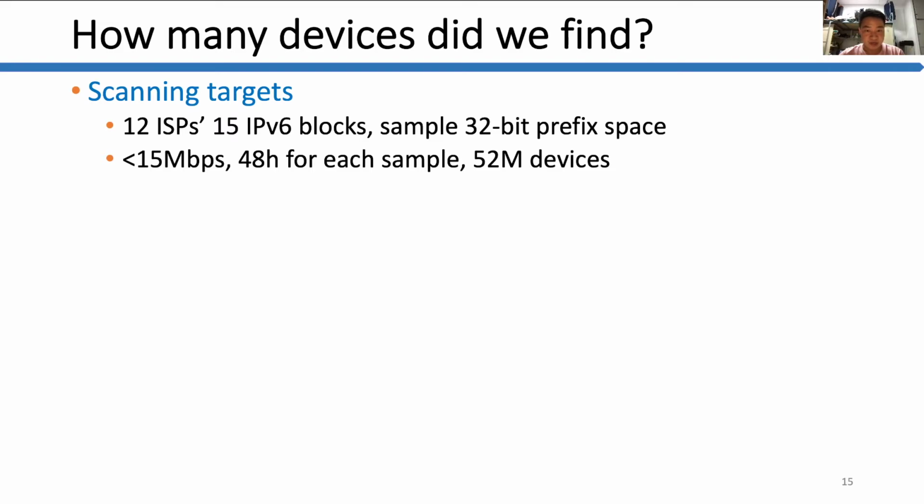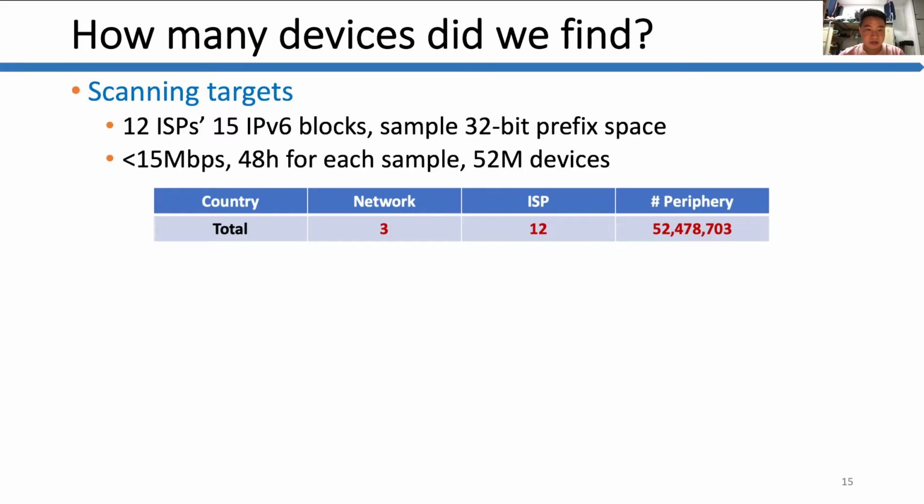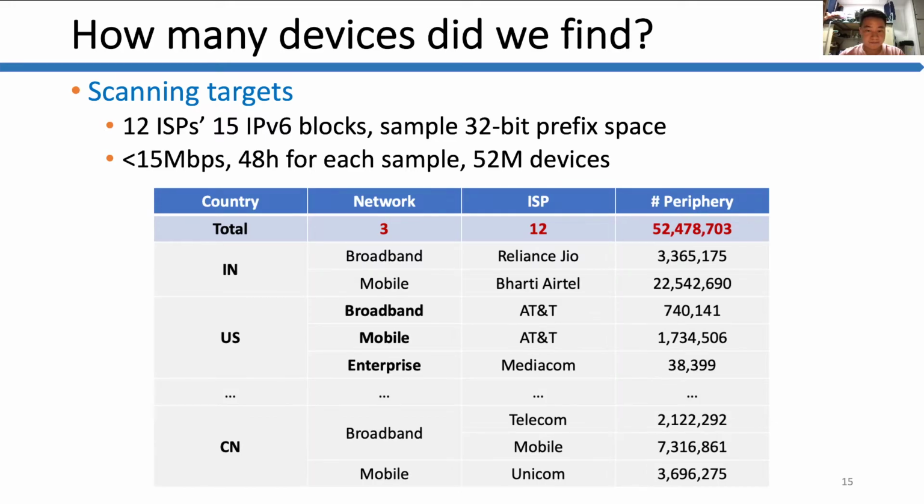The scanning speed is less than 15 Mbps, and scanning each sample costs about 2 days. In the end, we find 52 million devices covering 3 networks.